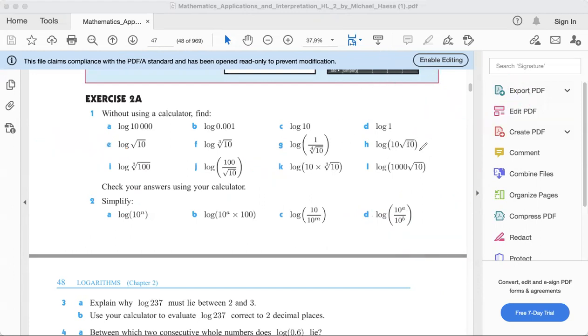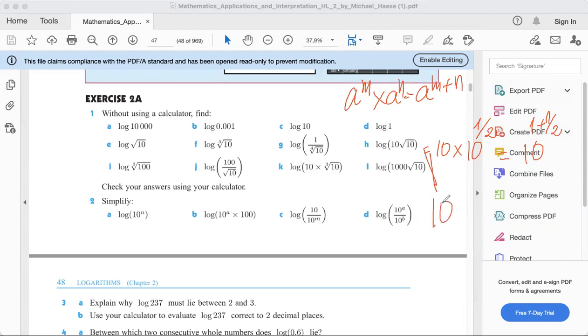And this one, we also need to convert the tens. So we multiply by 10 power 1/2. We use the property a power m times a power n equals a power m plus n. So this equals 1 plus 1/2, so the result is 3/2.